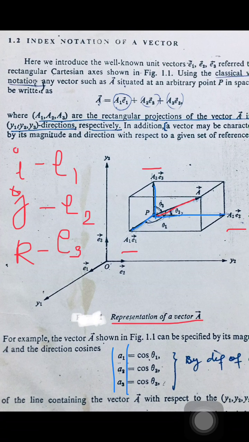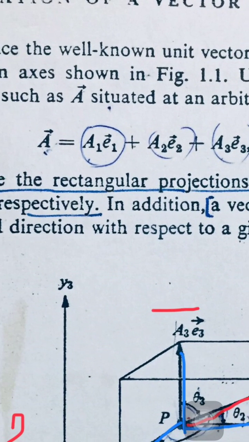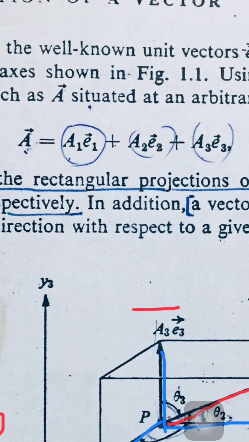So the idea of vector A as a1i plus a2j plus a3k is changed in continuum mechanics to a1 e1, a2 e2 and a3 e3. This is the vector notation in continuum mechanics, with ijk replaced by e1 e2 e3.